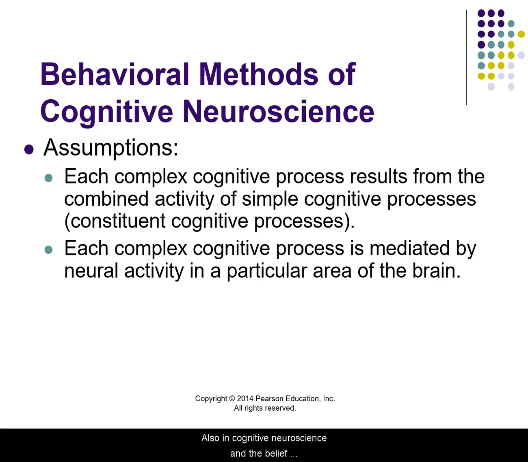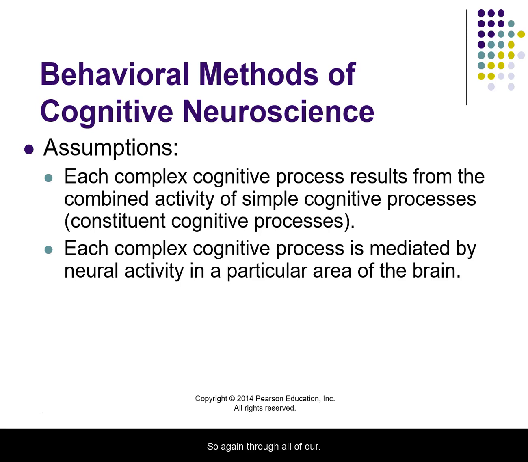Okay, also in cognitive neuroscience, the belief here is that each complex cognitive process results from the combined activity of simple cognitive processes. Each complex cognitive process is mediated by neural activity in a particular area of the brain.